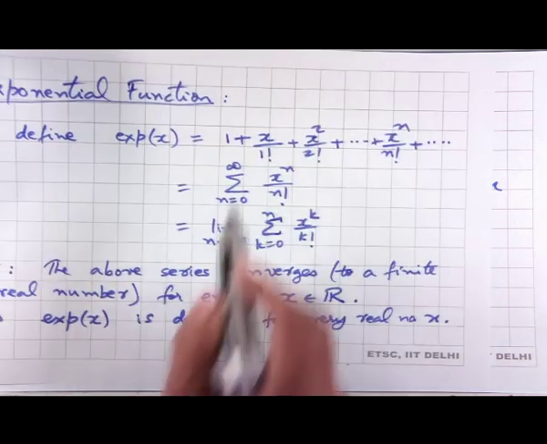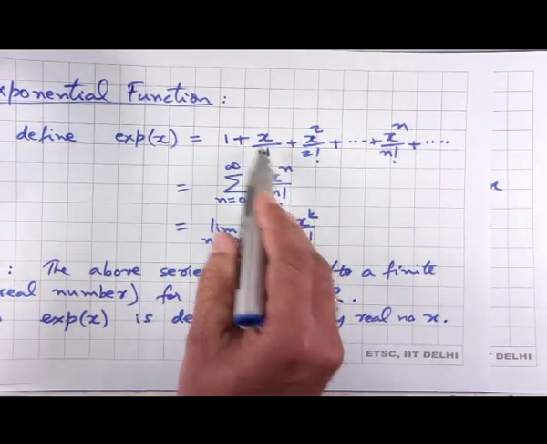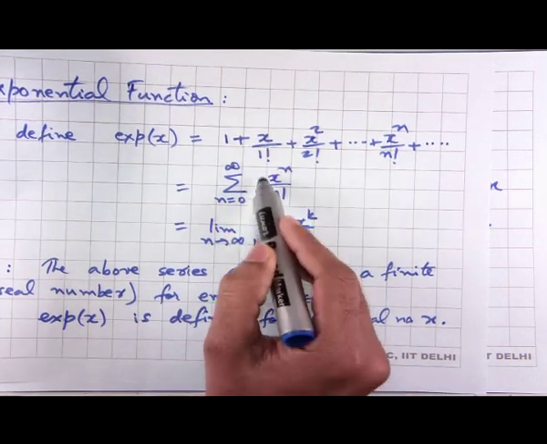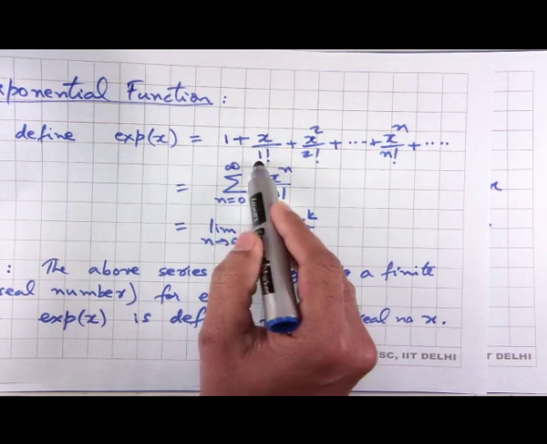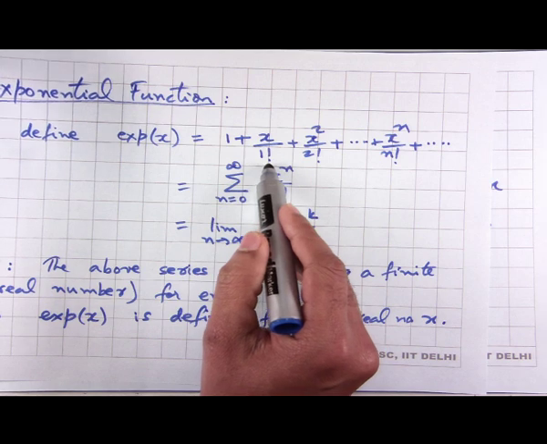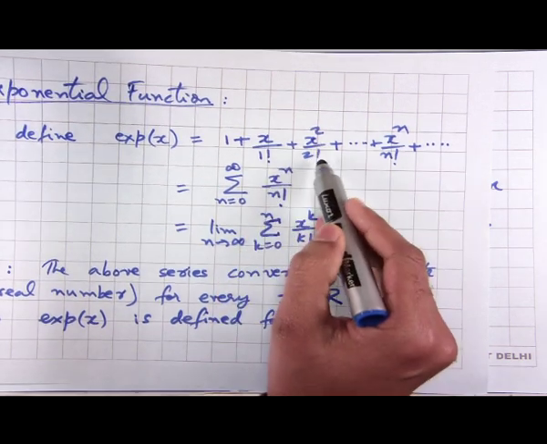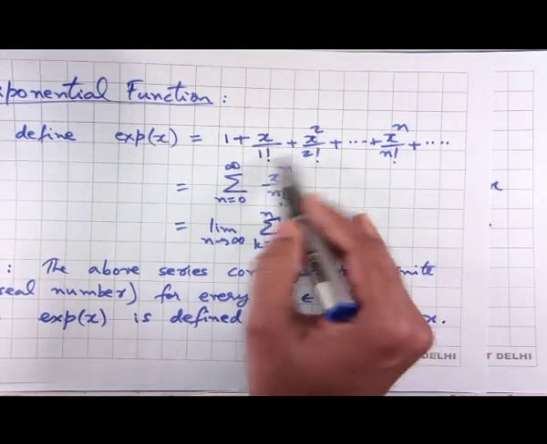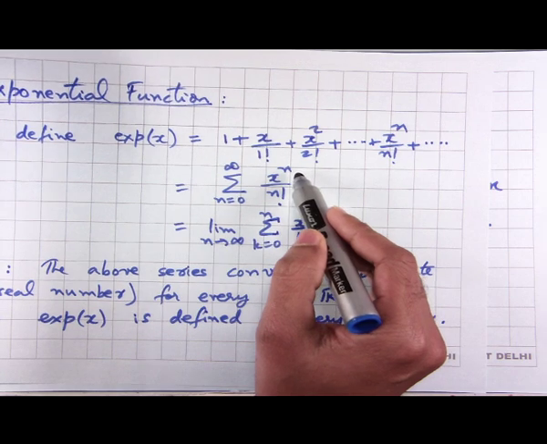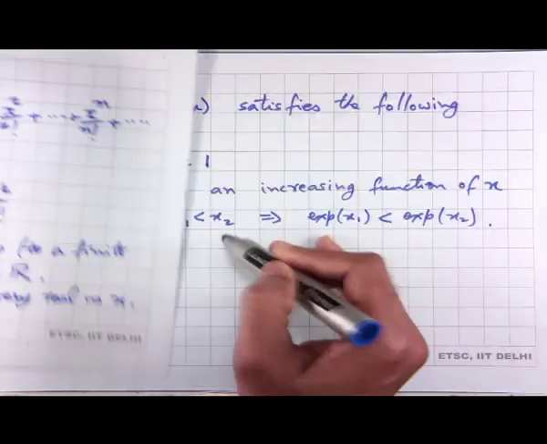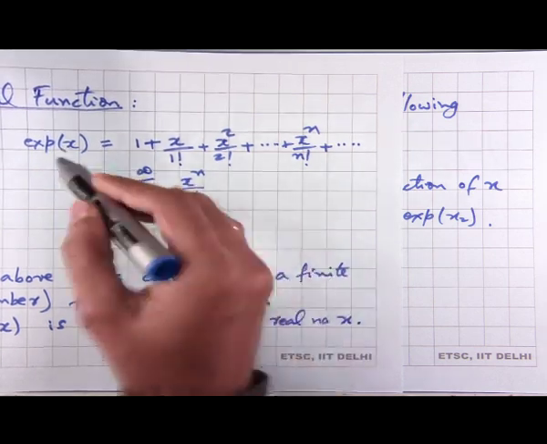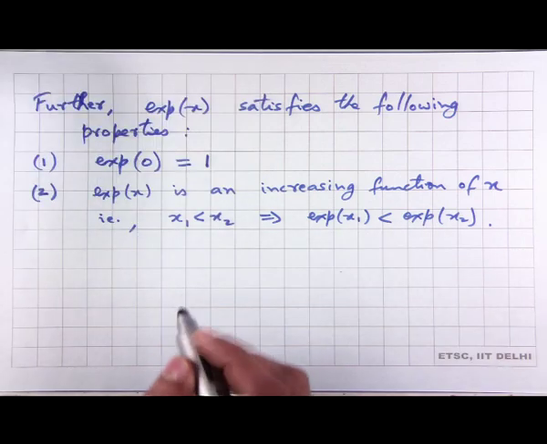This is because if I take x2 to be bigger than x1, then of course x2 by factorial 1 is bigger than x1 by factorial 1, and x2 squared by factorial 2 is bigger than x1 squared by factorial 2. So, each term in this power series is greater than the corresponding term in the power series for exp(x1). So, this is an increasing function.